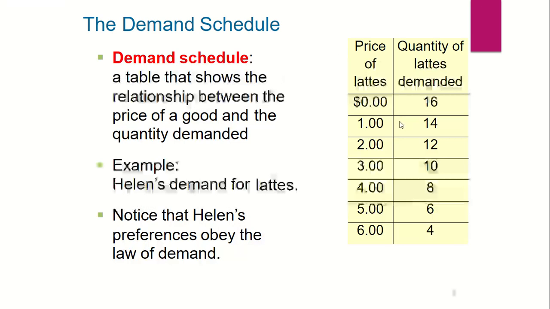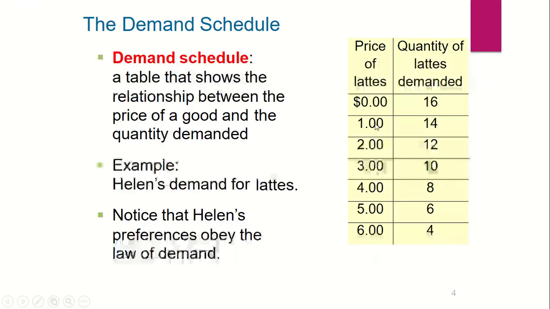From this table you can see that when price is $0, quantity demanded is 16, and when price goes up to $6, the quantity demanded is 4. As price increases, the quantity of lattes demanded decreases, showing the inverse relationship.